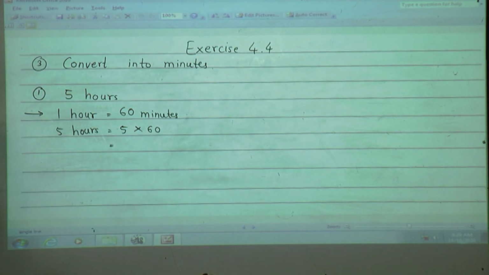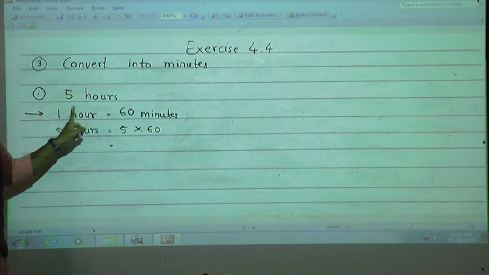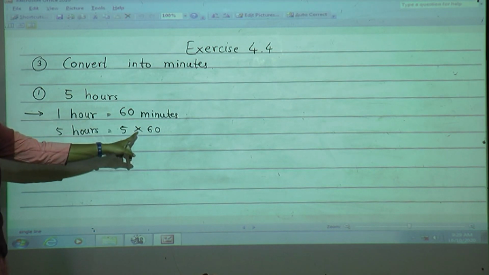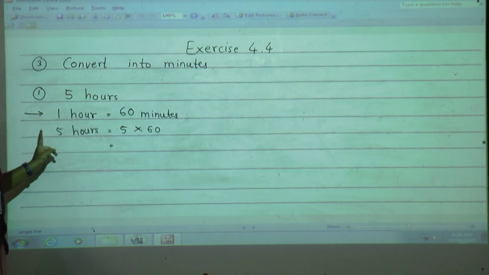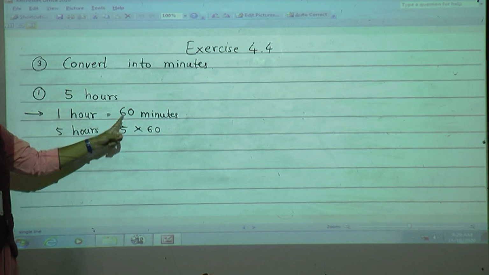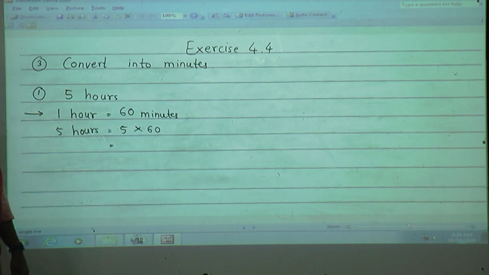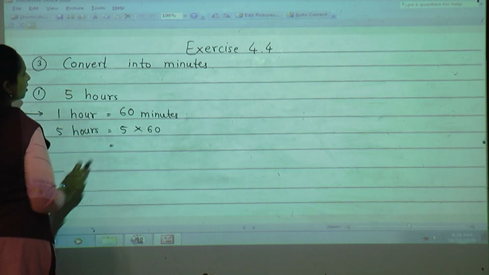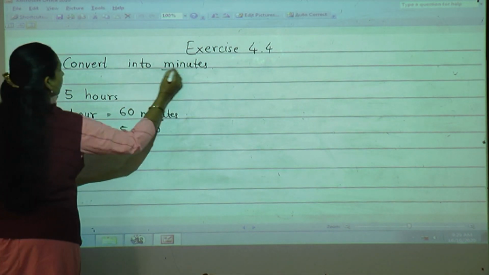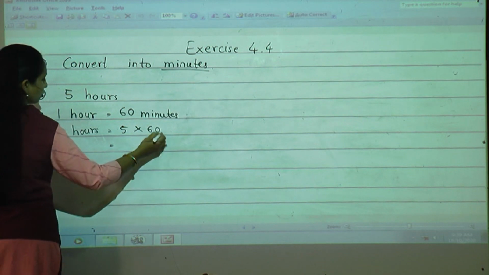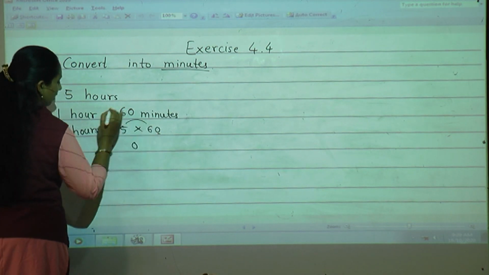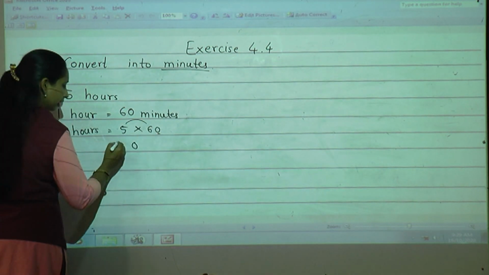Are you getting it? They had given hours. So 1 hour is equal to 60 minutes. You know this. So 5 hours is equal to, we have to multiply by 60, 5 multiplied by 60, because we have to convert into minutes. So write 0 as it is. 5 6s are 30.